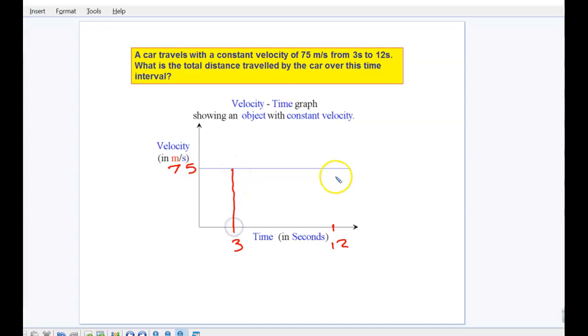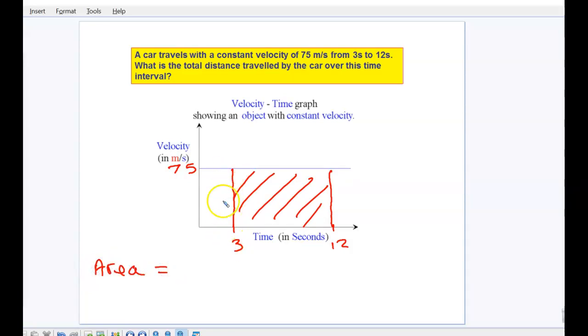And if I was to take the time from 3 to 12 and draw myself two vertical lines, I'm going to get some area under this graph. Now, if I calculated the area of this graph, the area would be the height, which is 75 meters per second, times the length, which is 9, because 3 seconds to 12 seconds is 9 seconds.